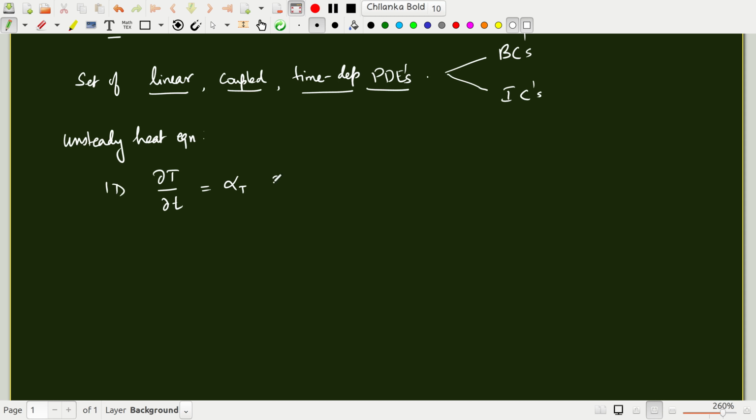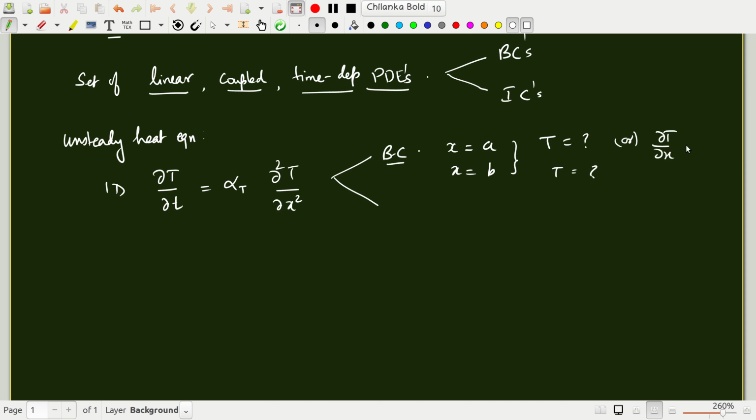We'll just keep partial squared T by partial x squared to simplify our discussion. In order to solve this, you have to specify boundary conditions, namely at x is equal to a and x is equal to b, what happens to the temperature or the derivative of temperature. Some boundary conditions have to be specified at 2 locations. Why 2? Because you are solving a second order differential equation in space. You need 2 boundary conditions in space.